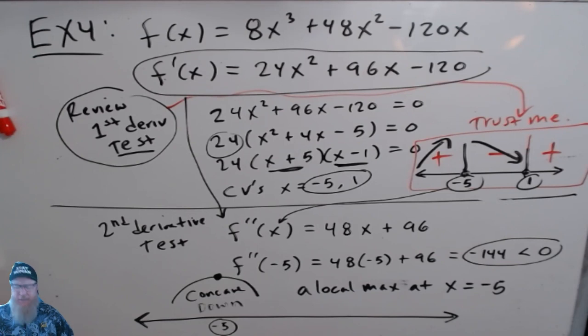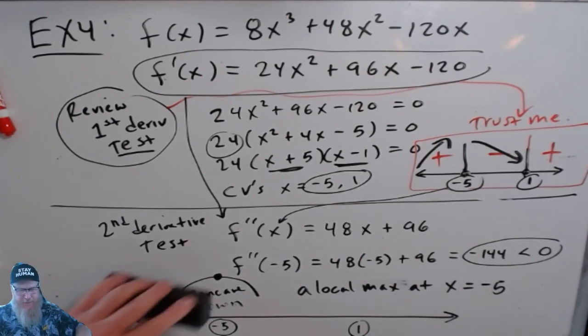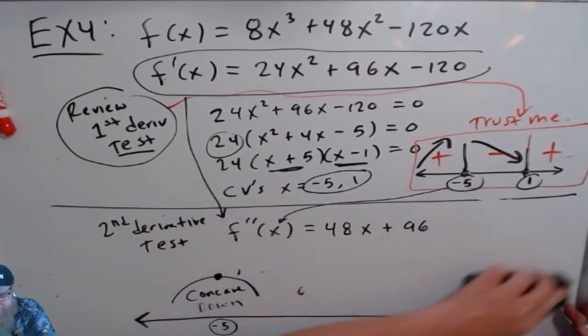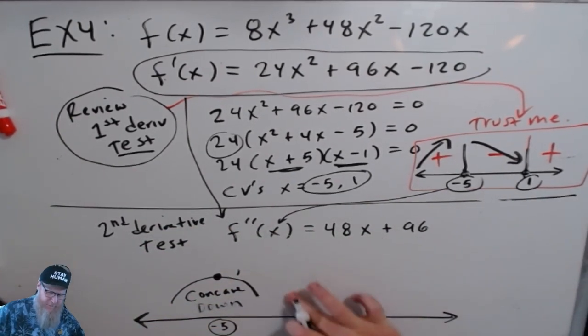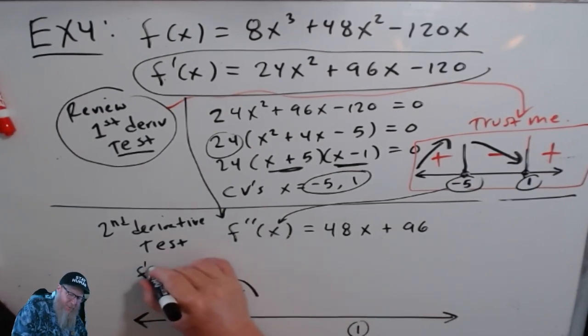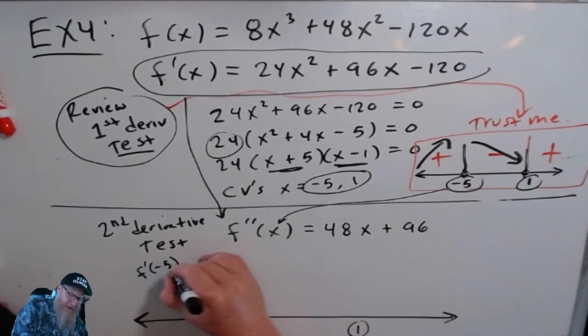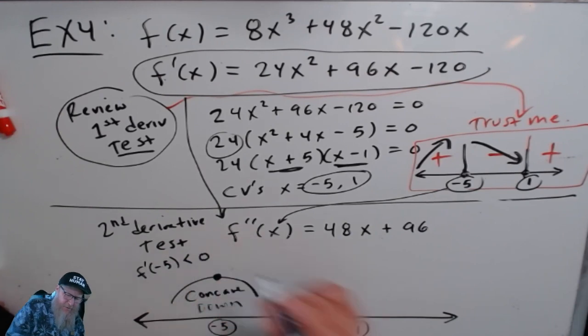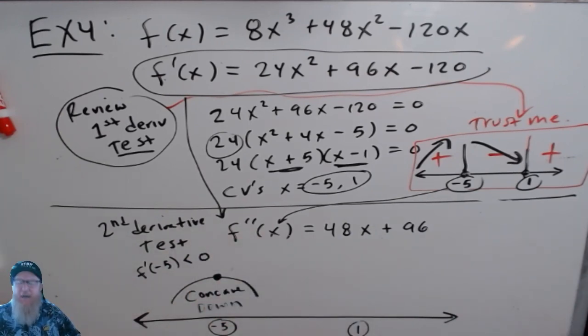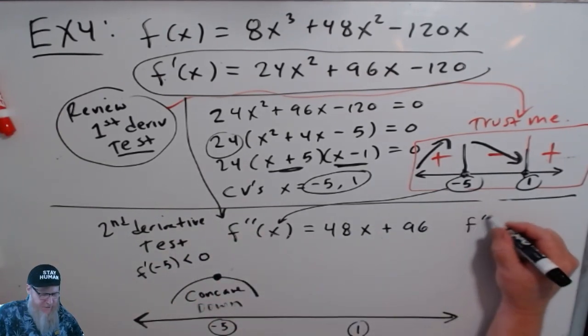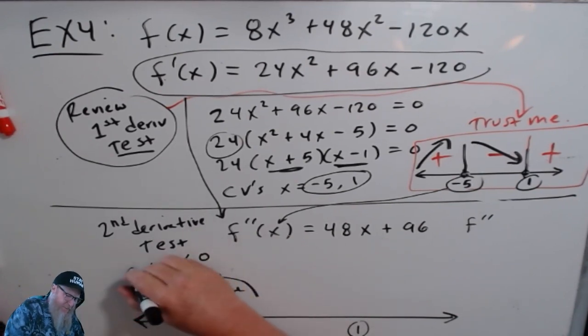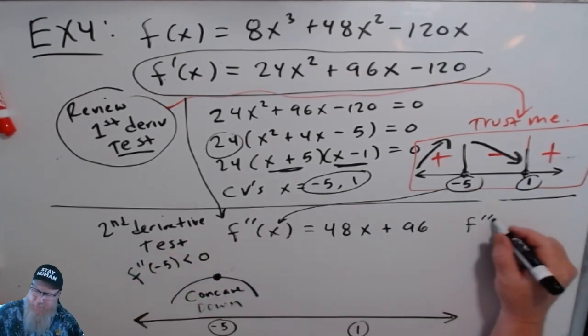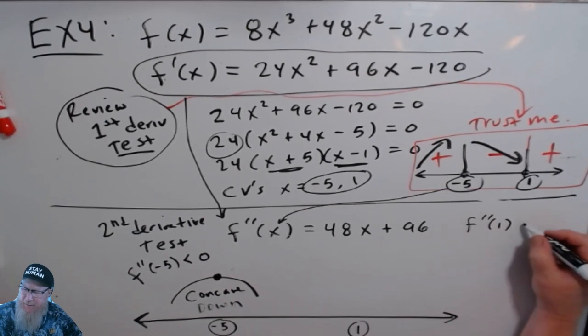All right. Let's try positive 1. So let me just put that right here. f prime of negative 5 is less than 0. So that's concave down. Let's do f double prime of 1.